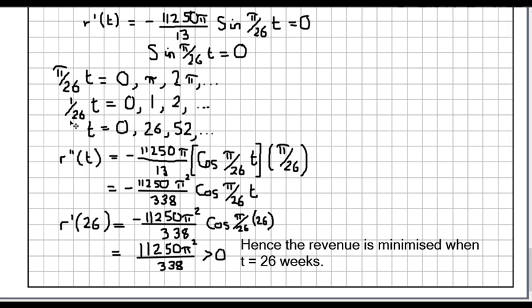And if we put 52 into the second derivative, it would be cos of 2 pi, which is back to 1, so the second derivative is negative. So the revenue is maximized there, and it's minimized when t is 26 weeks. And that is question 8 completed.